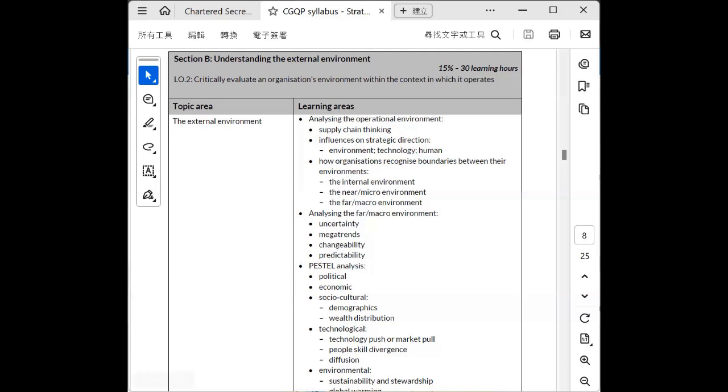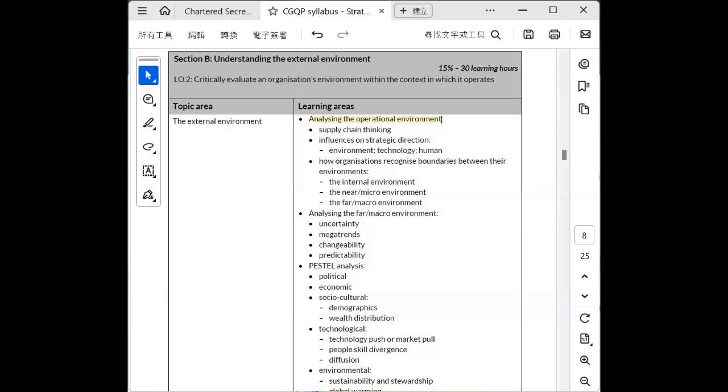Firstly, we'll look at analyzing the operational environment. The first part here is supply chain thinking. What it means is that organizations use supply chain thinking to view their operations as a broader network of interconnected activities.